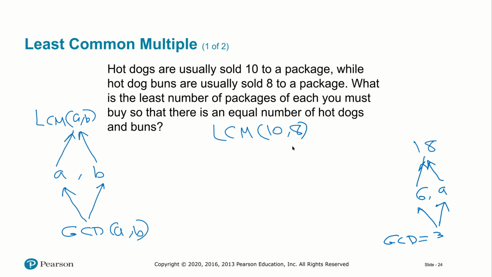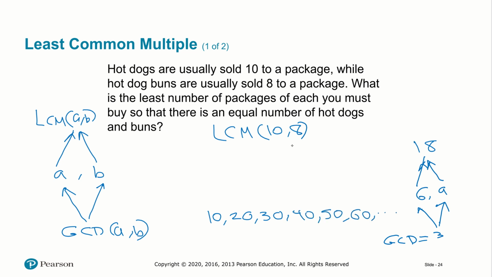But for the time being, since we haven't learned any algorithms for finding the LCM, it's very easy. Just start writing some multiples of 10 and some multiples of 8 and see what is the smallest one where they come together. So what are some multiples of 10? Well, we have 10 itself, 20, 30, 40, 50, 60, etc., right?